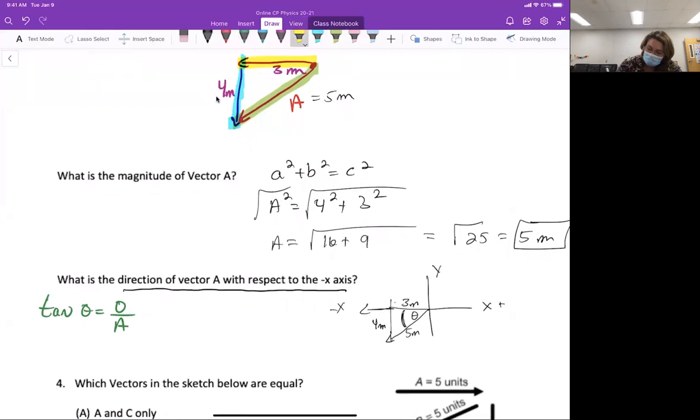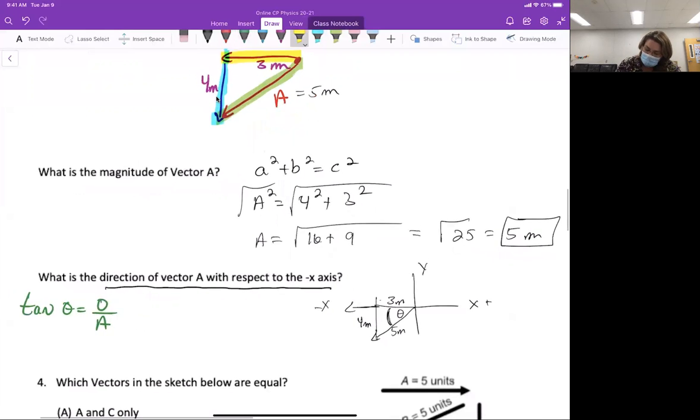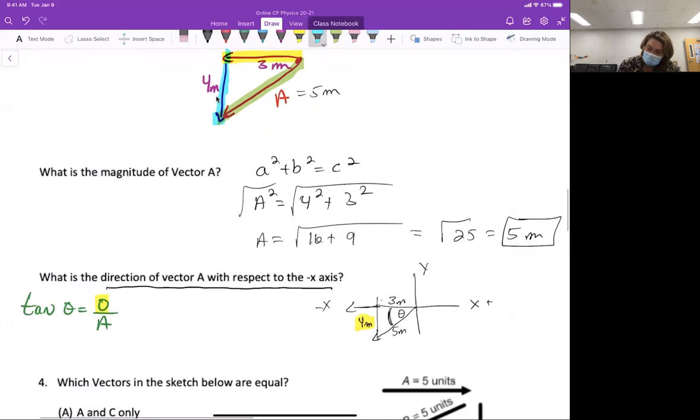So what is the opposite side of this theta? There's the opposite side of that theta. What is the adjacent side of that theta? 3 is the adjacent side. So the tangent of the angle that we're looking for is equal to the opposite side, which is 4 meters, divided by the adjacent side, which is 3 meters.